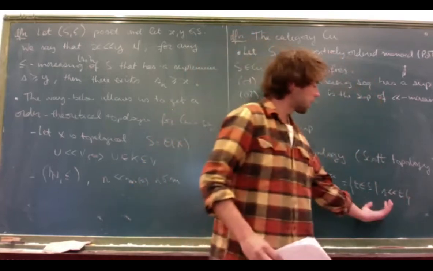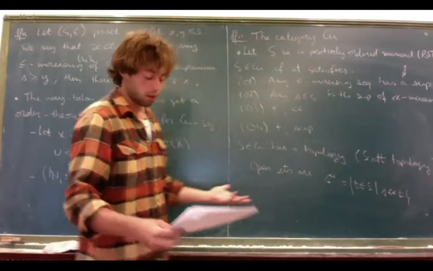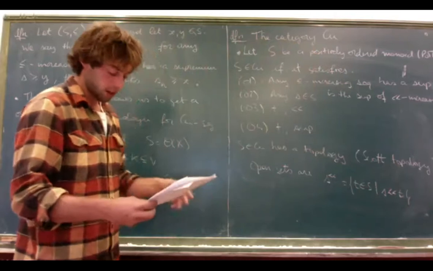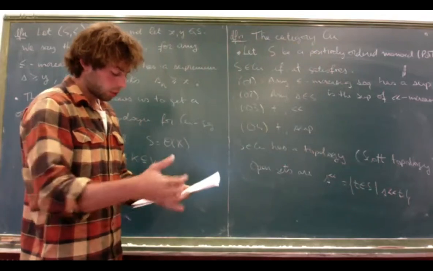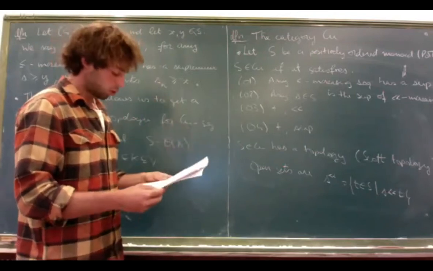So this is an open set for the Scott topology, and this generates a topology on S. And this is what we're going to use to build our approximate intertwining.